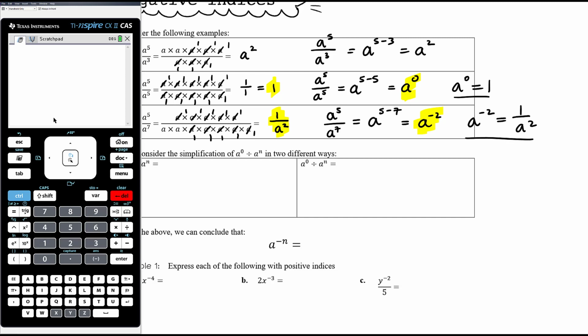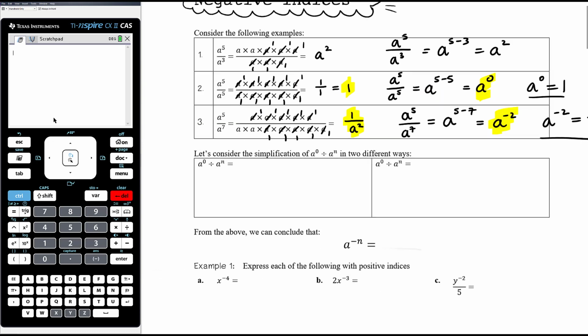Okay, and so here we've got negative powers. A to the power of negative 2 means 1 on a squared. If it was a to the power of negative 3, it would be 1 on a cubed. If it was a to the power of negative 10, it would be 1 on a to the power of 10.